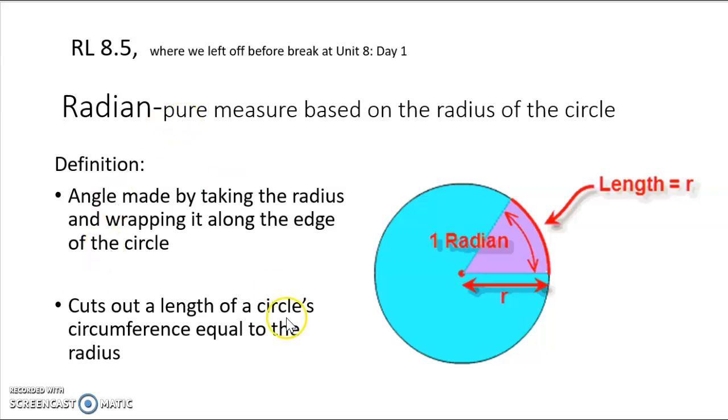Radians is where we left off on March 12th. We decided that there was a relationship between the radius and the angle measures all the way around.